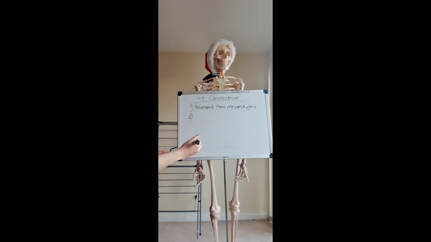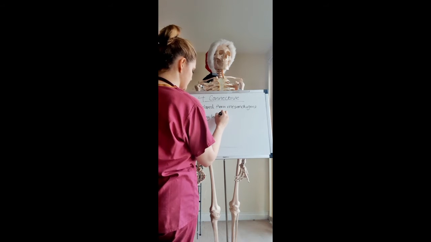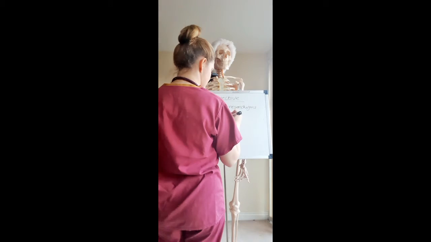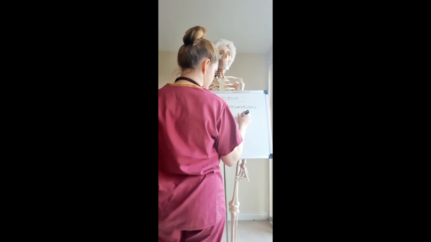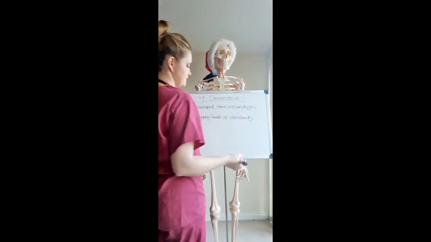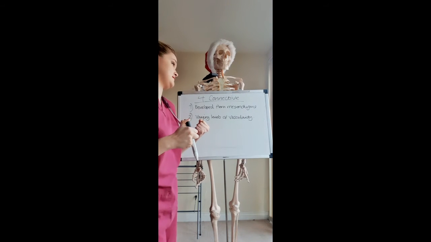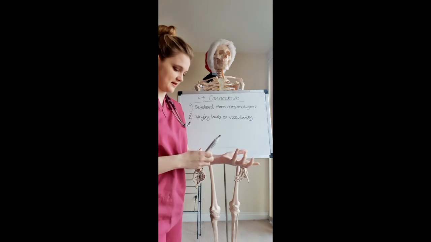The second thing is they have varying levels of vascularity. If we took, for example, the skin, we know that that's definitely vascular, it's got lots of blood vessels in it.